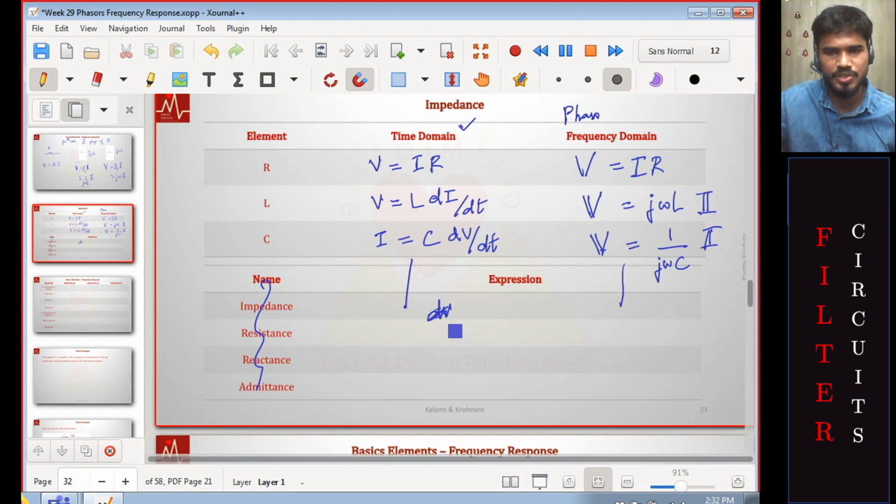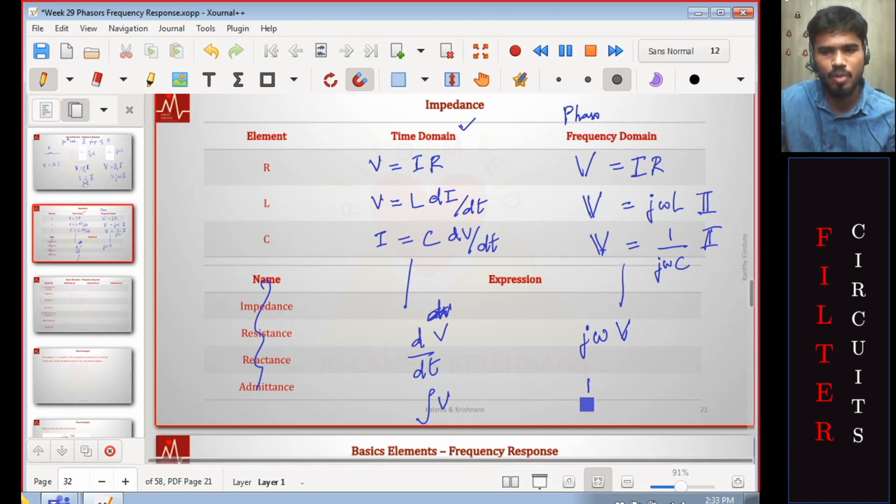Continuing, notice d by dt becomes j omega into that variable, and the integral of something becomes 1 by j omega into the complex V. You could also quickly see that if you write V as e power j omega t, then if you differentiate with respect to time, you get j omega.